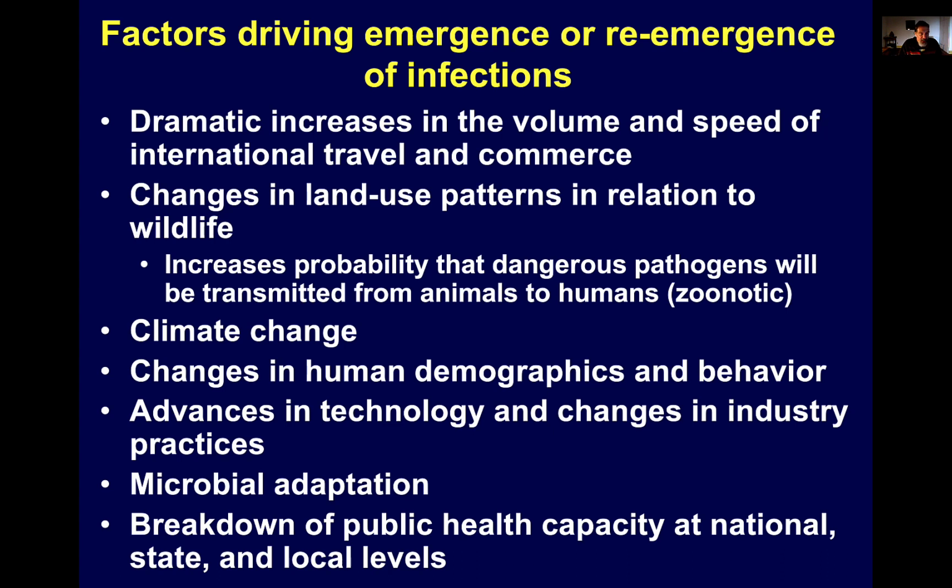There's climate change, there's changes in human demographics and behavior, changes in technology and industry practices. Microbes themselves can adapt to become more pathogenic or more resistant to antibiotics. And importantly, a breakdown of public health capacity at the national, state, and local levels and global levels, thinking about organizations like WHO and PAHO.